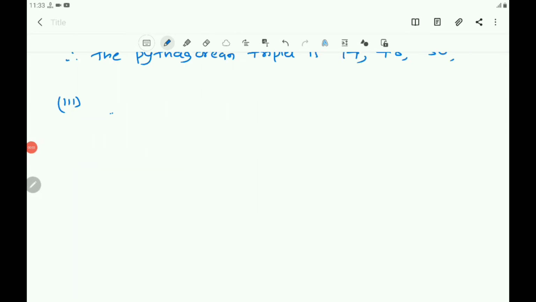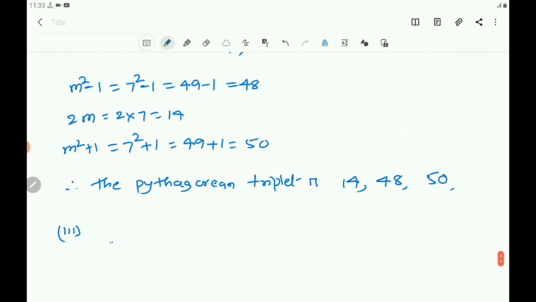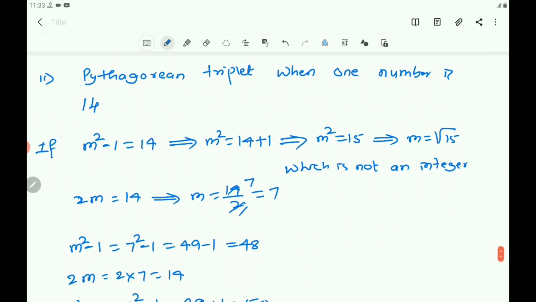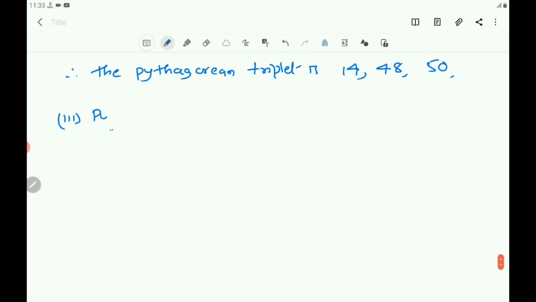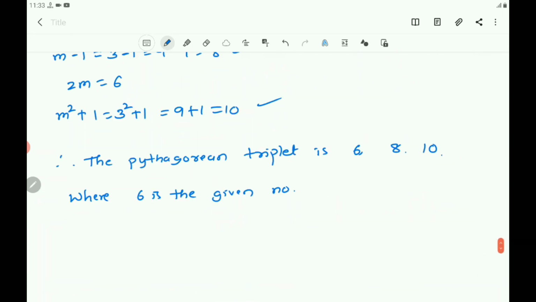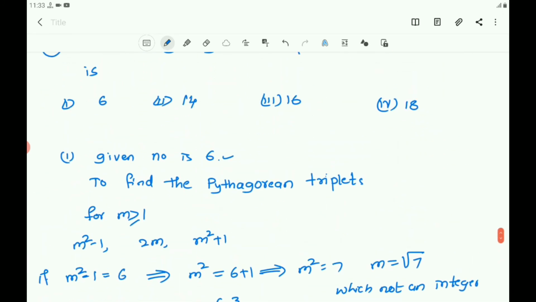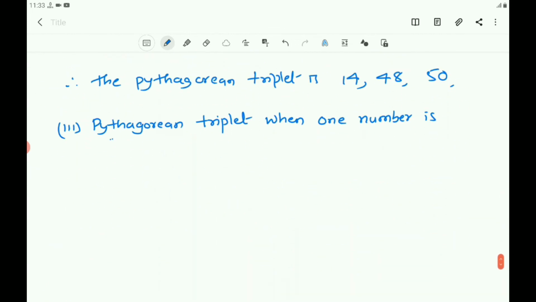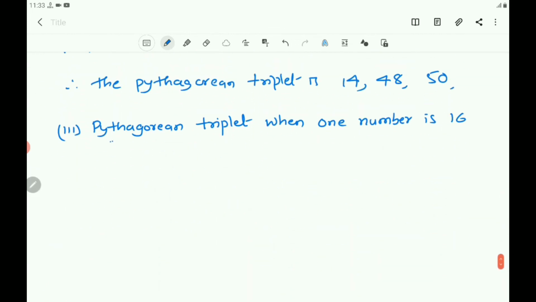Next the third one, the Pythagorean triplet when one number is 16.